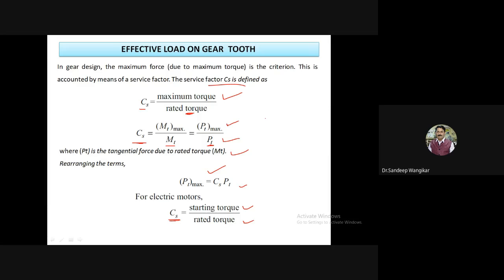If the maximum torque transmitted by the machine is 125% of the rated or normal torque, then you can say that CS is equal to 1.25. In this way, you have to take it into account while solving numericals, while considering service factor in your design of spur gears calculation.